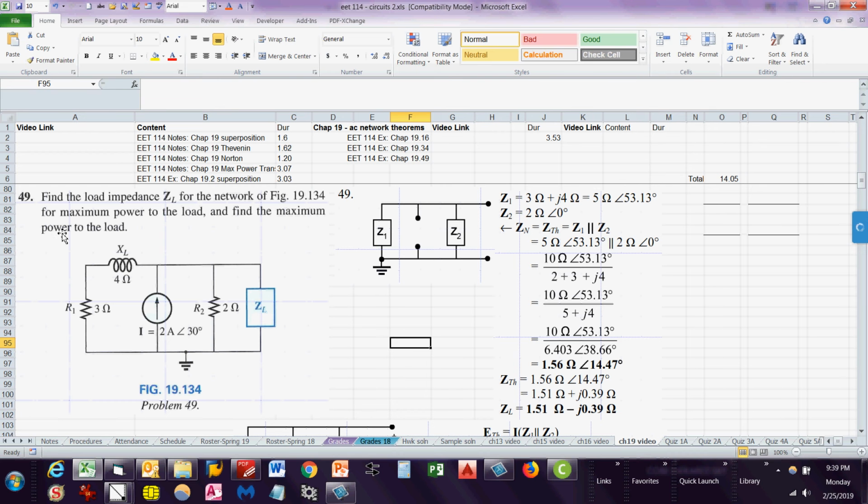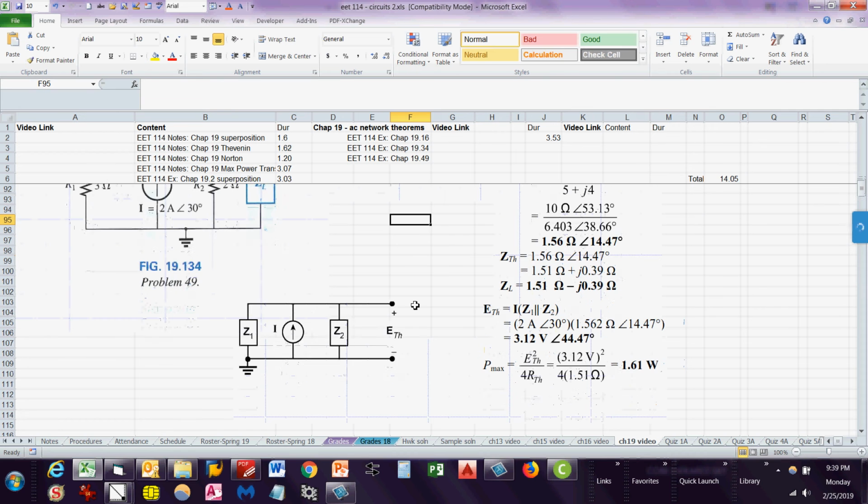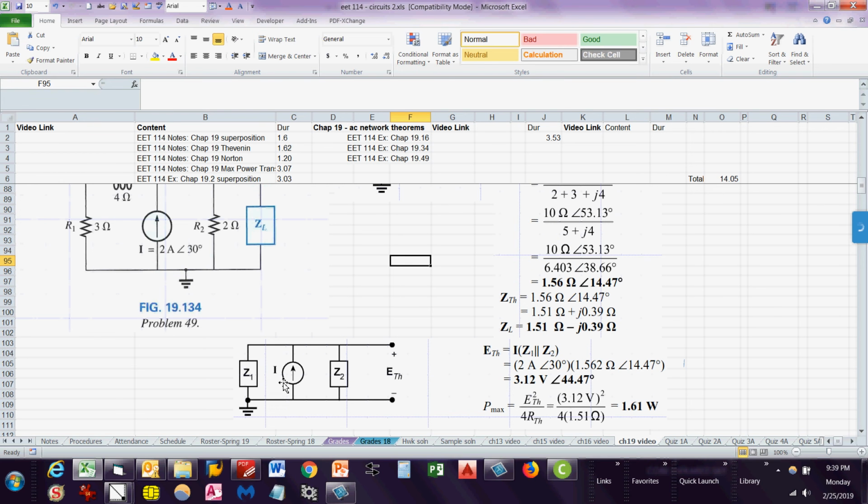Now you need to find the maximum power to the load. So you put your current source back in, and then you find E Thevenin across these two terminals. It's just a current divider again.